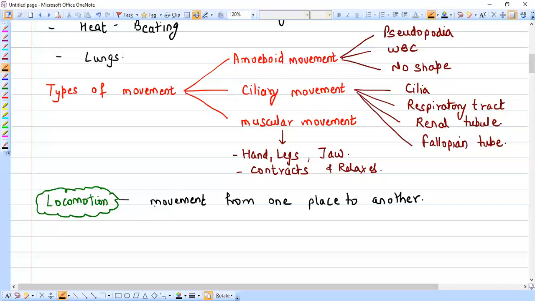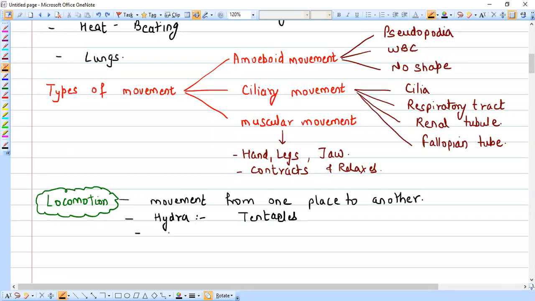The second one, for example, Hydra, it moves. Now the point is, does Hydra really locomote? The answer is yes. They show somersaulting and looping movement. Hydra moves with the help of their tentacles. So they have tentacles that help them in movement.